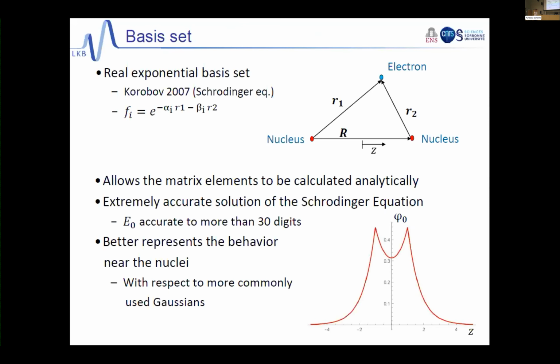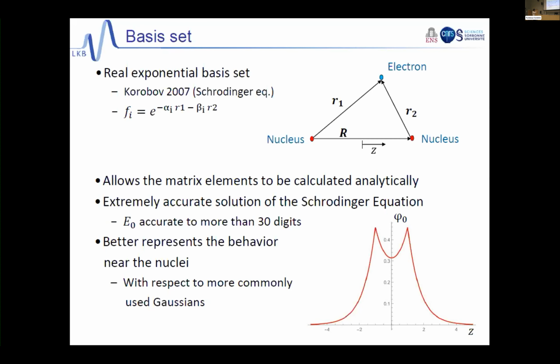So some advantages of this basis set. It allows the matrix elements to be calculated analytically, which is very important for the accuracy. It allows extremely accurate solutions for the Schrödinger equation. So we got E0, the energy for the Schrödinger equation, which is our initial guess, accurate to more than 30 digits, and it also better represents the behavior of the wave function near the nuclei, contrary to the more commonly used Gaussians.